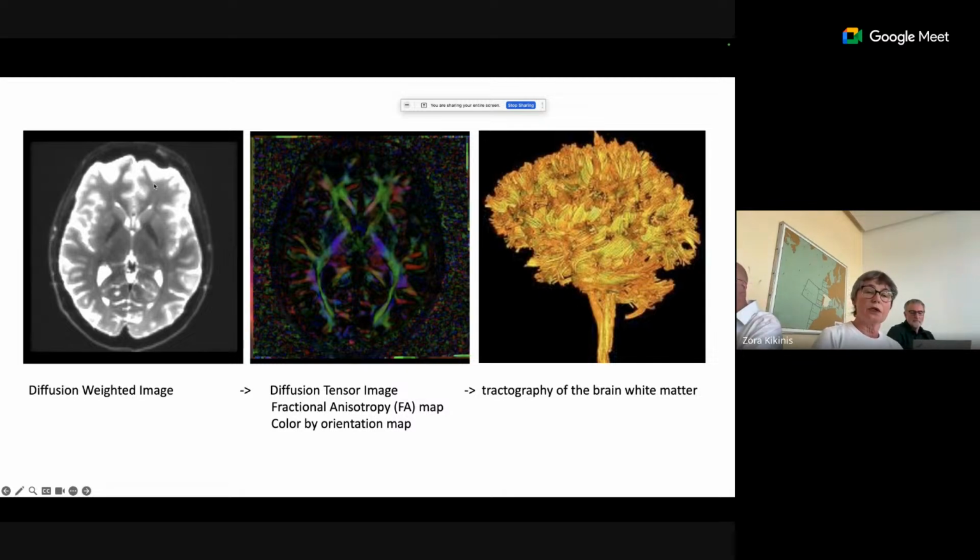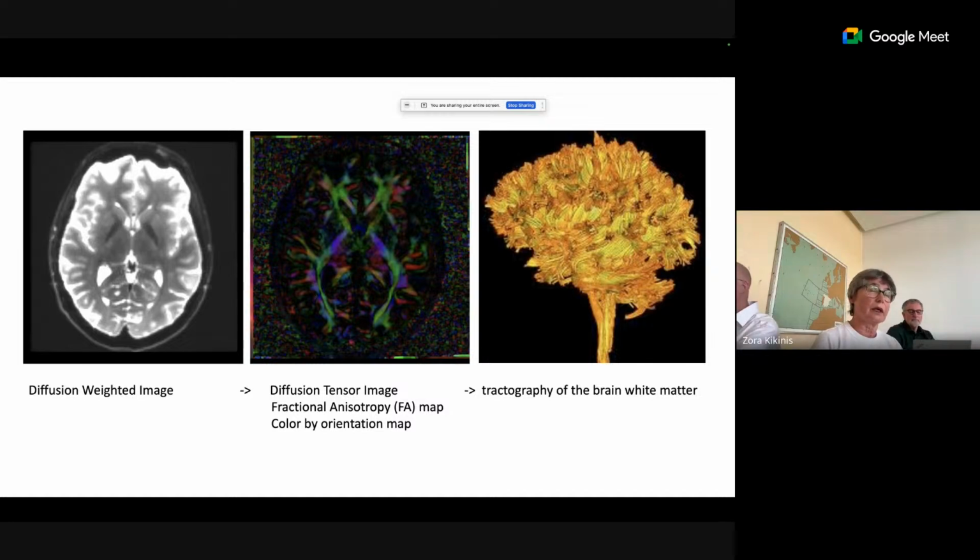On the image on the left, you see the gray matter is white, and the white matter is rather dark, and you really can't see much in it, right? When you move over to the image in the middle, it starts taking some form for me.